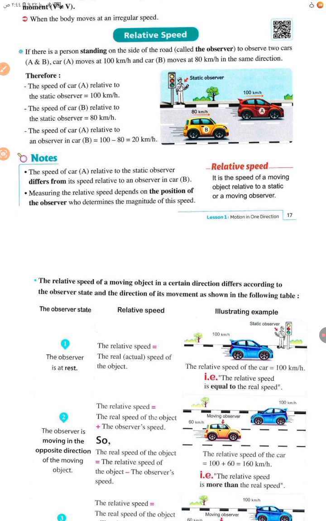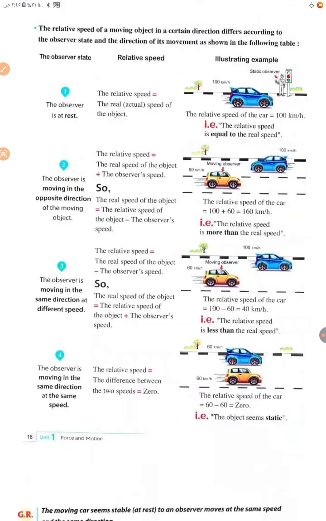The speed of car A relative to the static observer differs from its speed relative to an observer in car B. Measuring the relative speed, قياس السرعة النسبية, depends on the position of the observer who determines the magnitude of this speed. A relative speed is the speed of a moving object relative to a static or a moving observer.